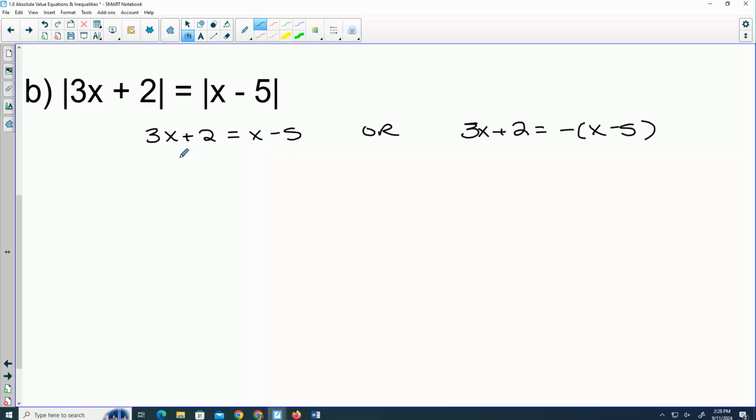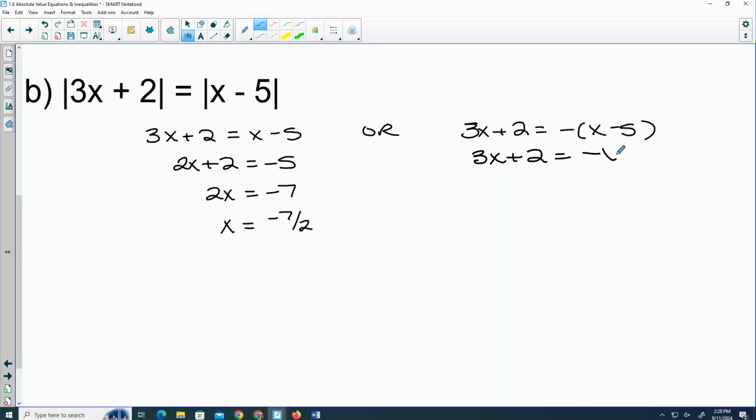So if I subtract my x, subtract my 2, divide. Over here I would have to distribute my negative. Add over our x. Subtract over the 2.